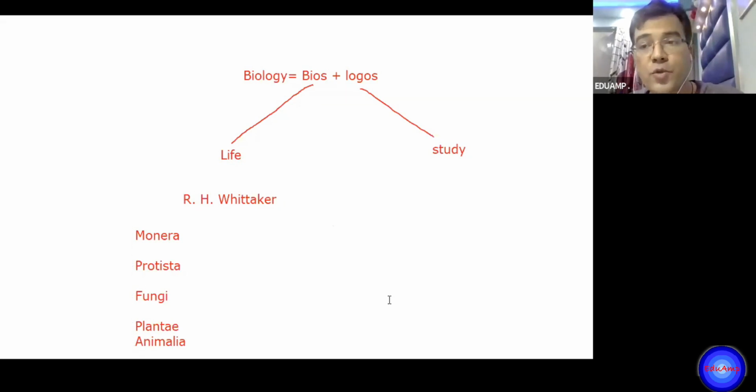Prokaryotic means what? It is not having a true nucleus. It is not having a nucleus which is enclosed by nuclear membrane. It is not having a nucleus which is having nucleolus, and it is not having membrane-bound organelles like mitochondria, Golgi bodies, or endoplasmic reticulum. I hope this is clear to you, Anisha?